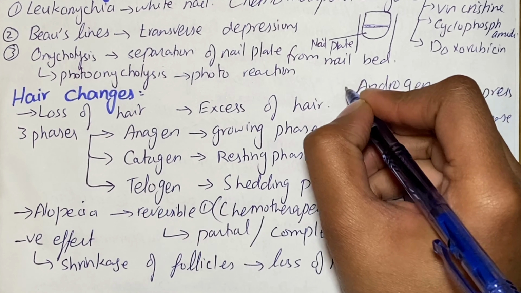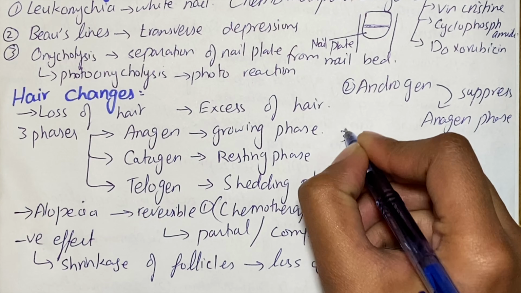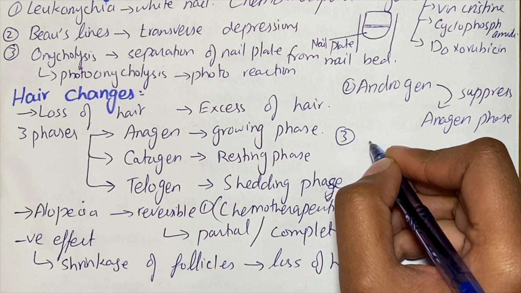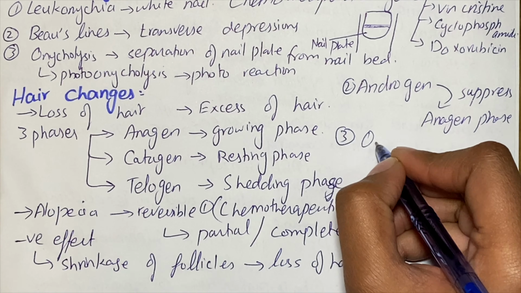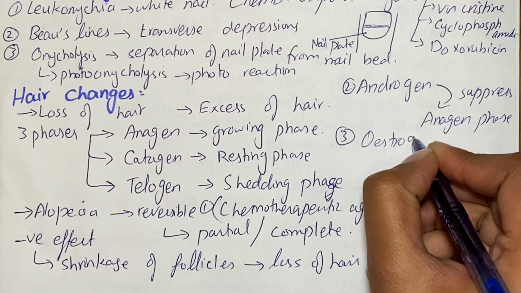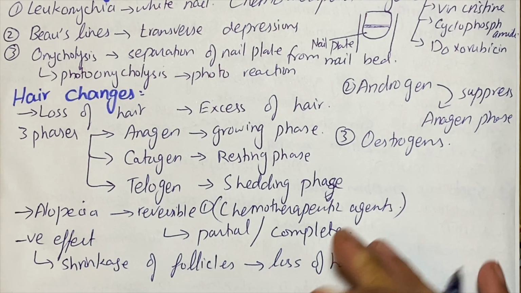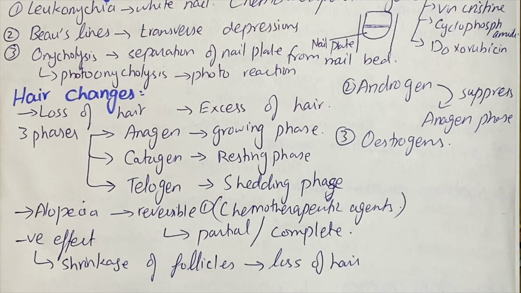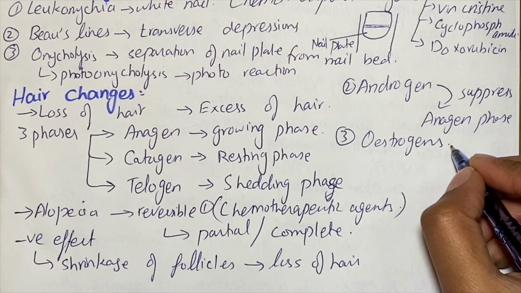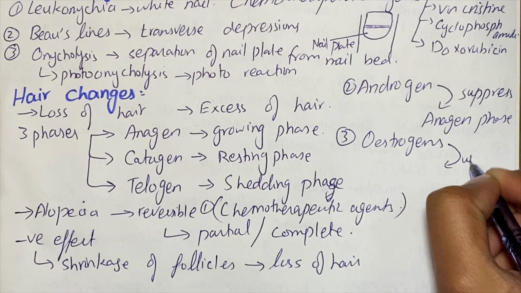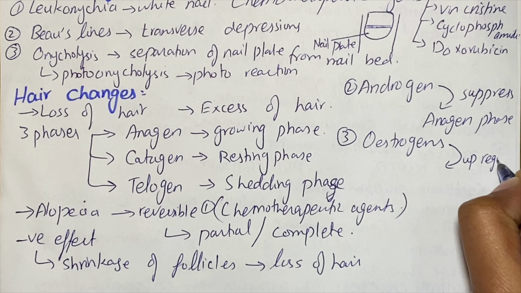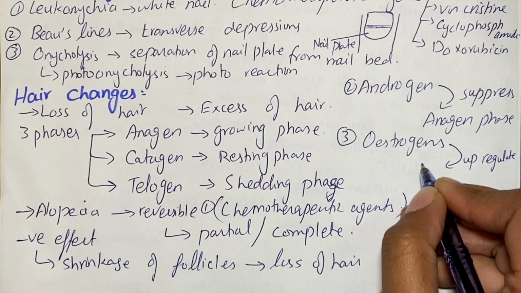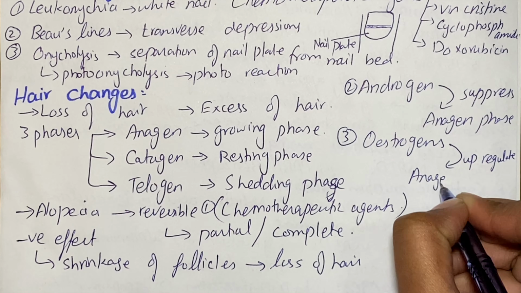This was our first example, this was our second, and the third example is of estrogen. Estrogens actually upregulate this phase. So in this way, there will be more growth of these follicles. So these upregulate anagen phase.